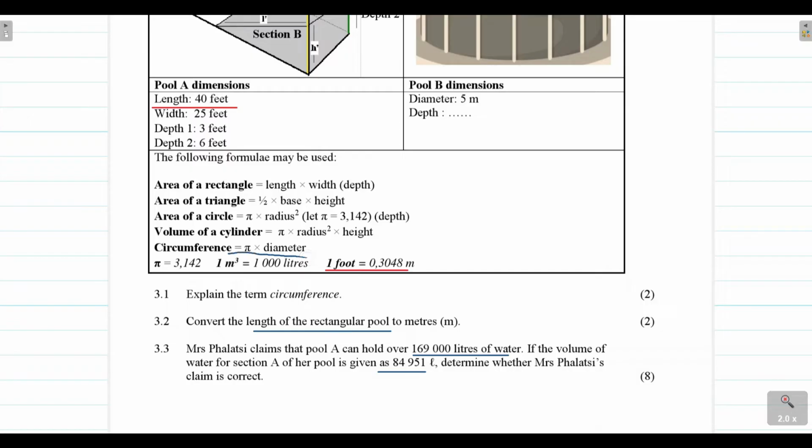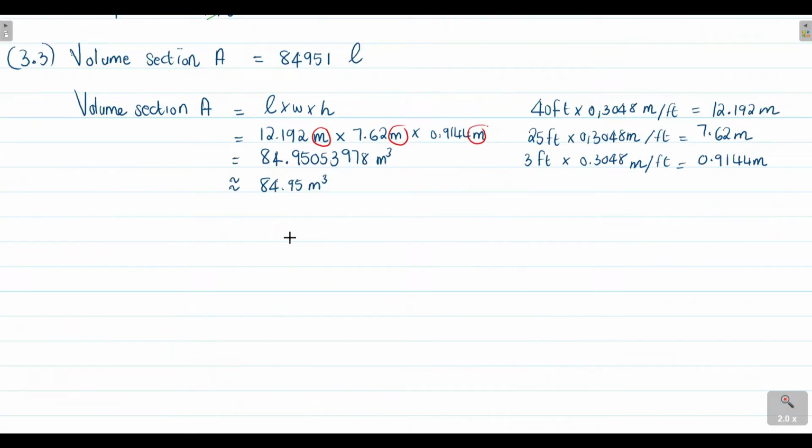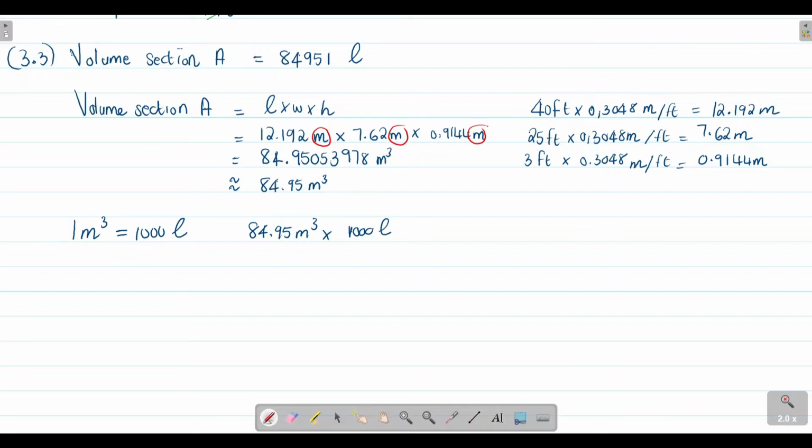We were told that 1 meter cubed is equal to 1,000 liters, so we can convert the 84.95 meters cubed into liters. To do that, we take 84.95 meters cubed, multiply by what you want, which is liters, divided by what you have, which is meters cubed.